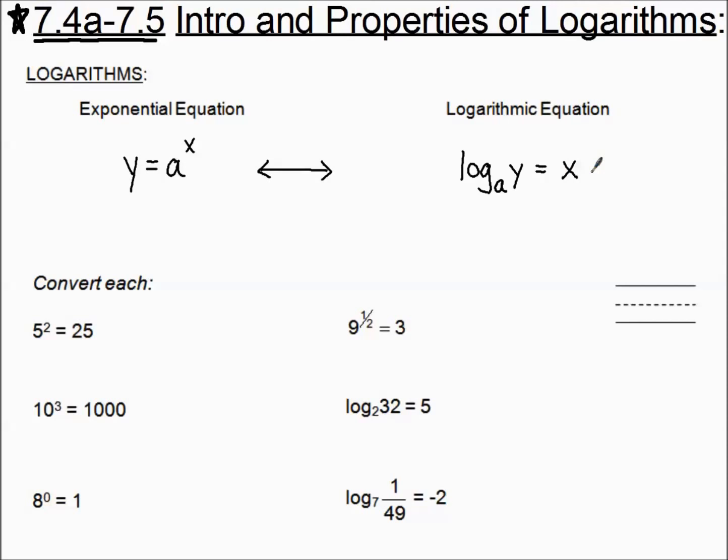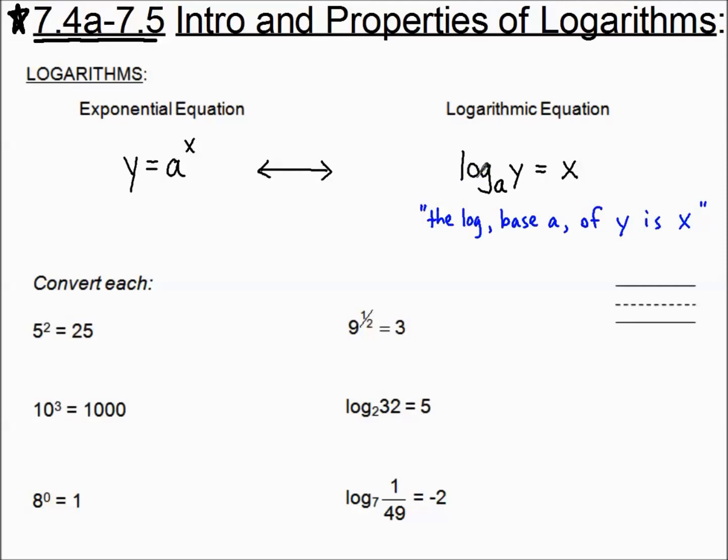Now let's see how we would read this statement. We say that the log, put it in quotes, the log or the logarithm base a of y is equal to x. That's how you would say this sentence.